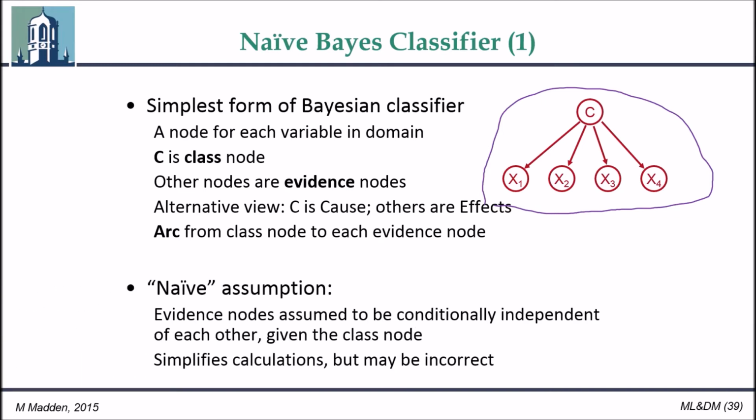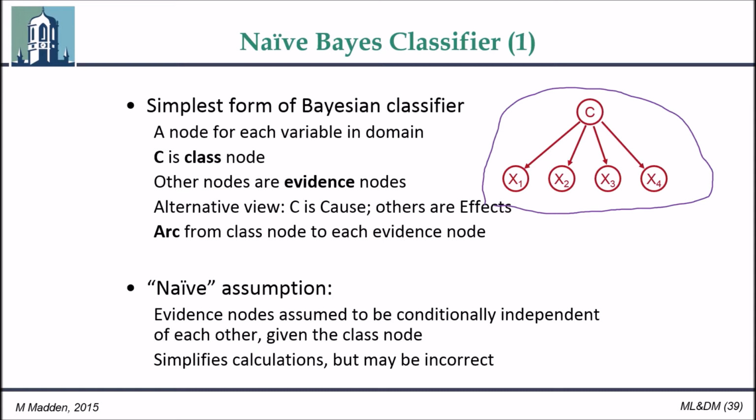So this is in fact the core of why this very useful classifier is stuck with the name naive. Its naive assumption is that all of our evidence nodes are conditionally independent of each other given the class node.